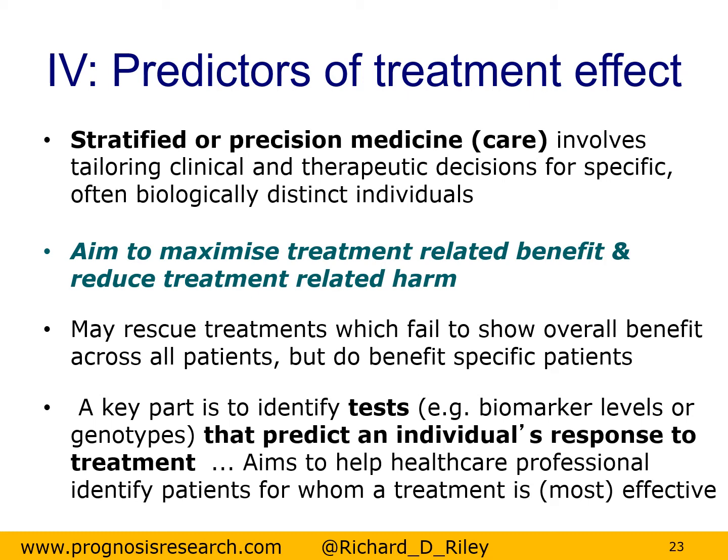A key part of this type of research is to identify those predictors, sometimes known as tests, and these are often biomarkers or genotypes that actually do predict the treatment effect at the individual level. So if we know a characteristic of an individual that will tell us whether a treatment will work or not, then we can help healthcare professionals in their decision making.